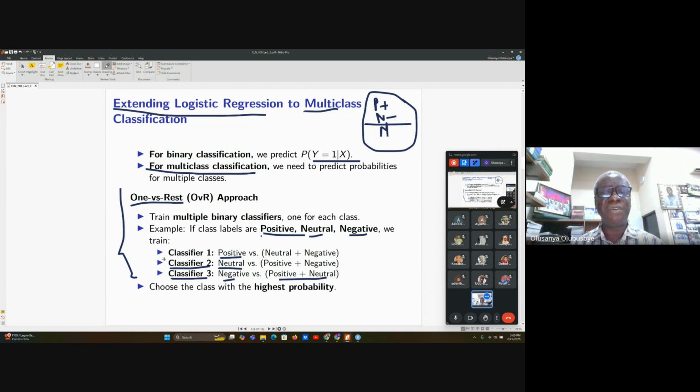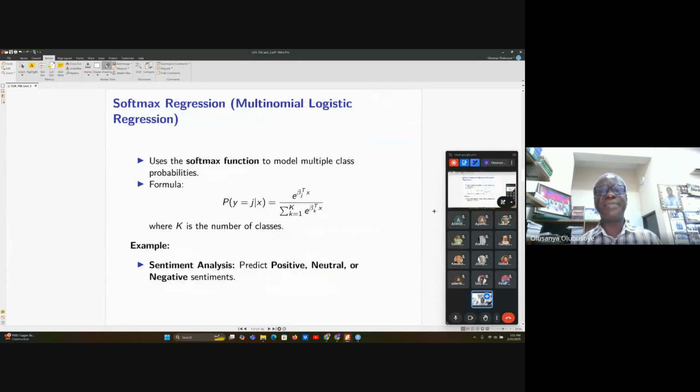When we have been able to obtain classifier 1, classifier 2, classifier 3, we will now choose the class with the highest probability. That will be the class assigned to the one we are predicting.